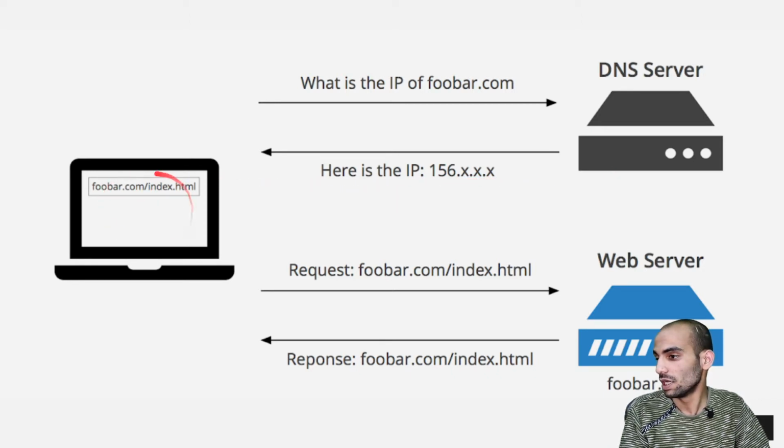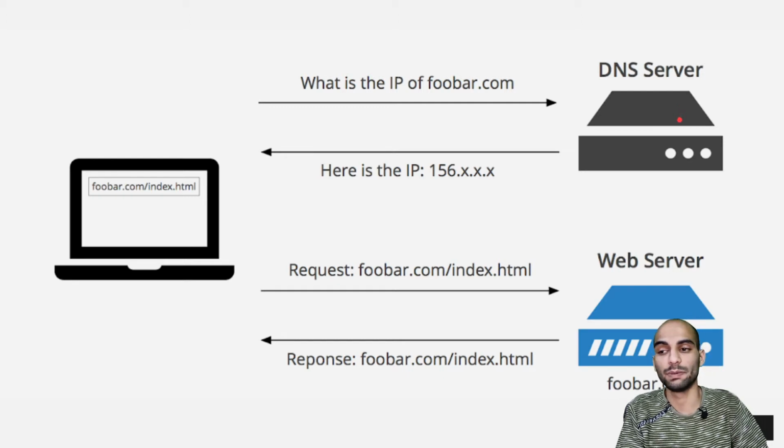The browser will then use the IP address, and that will be the request that goes to the web server, and the web server will send the files. So here is how things work. We go from the browser to the DNS server seeking the IP address for the website's domain name, and then we go back to the browser with the IP address, and then the browser will send the request to the web server.